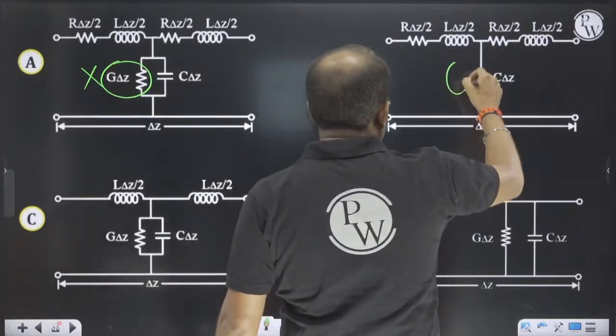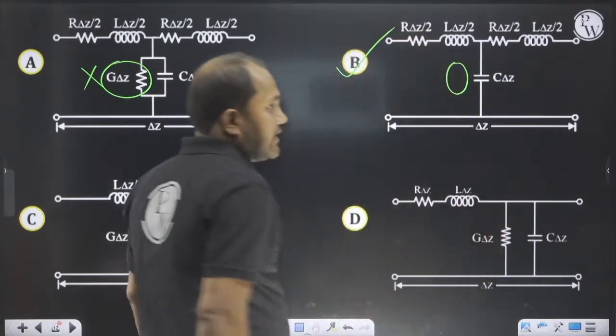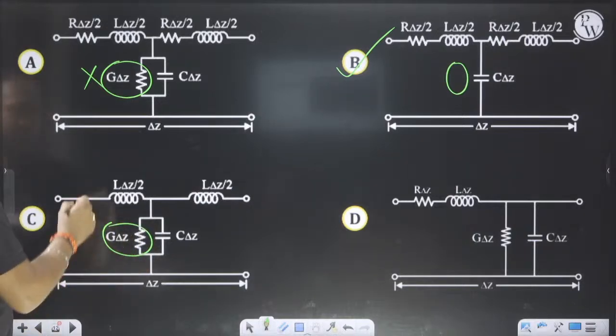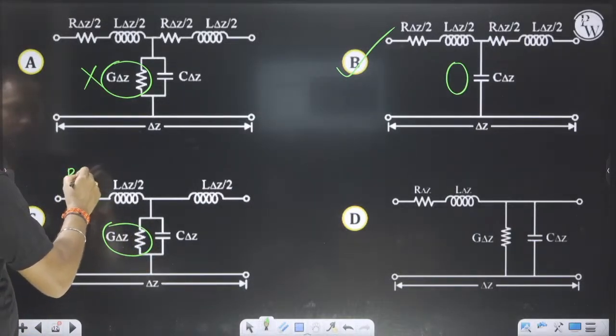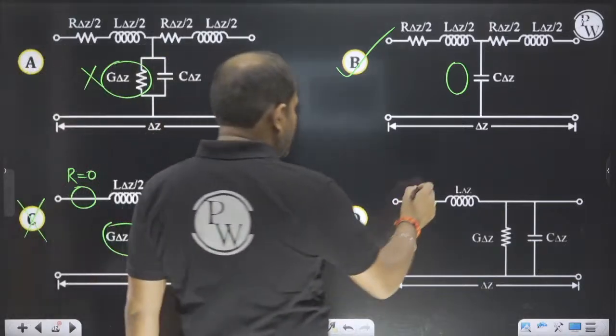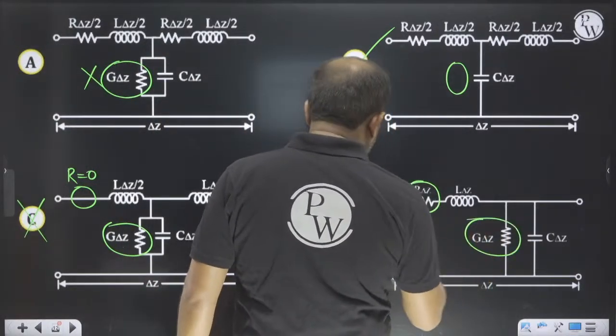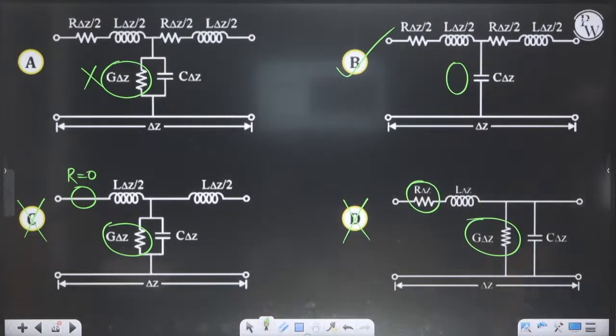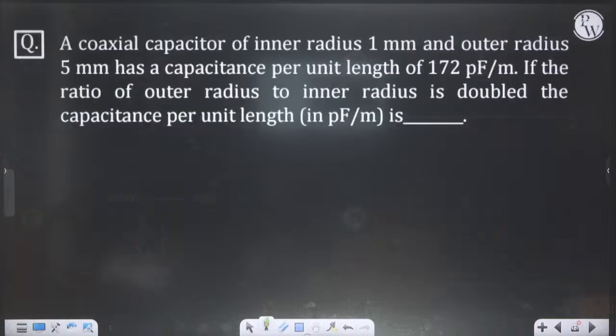Here there is no G, so this option is correct. In this one, there will be G and R will be 0, so it is not correct. Here R and G both are present, so it is also not correct. So our answer will be B, because conductance will be 0.